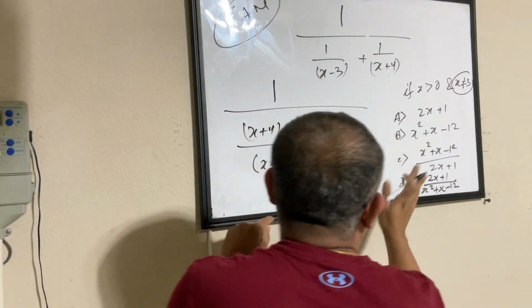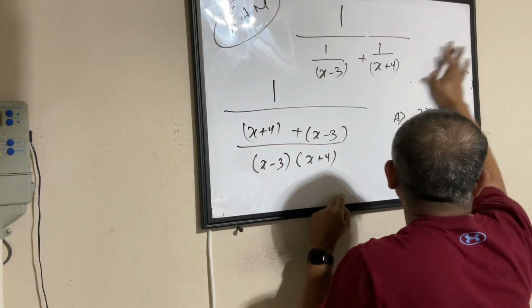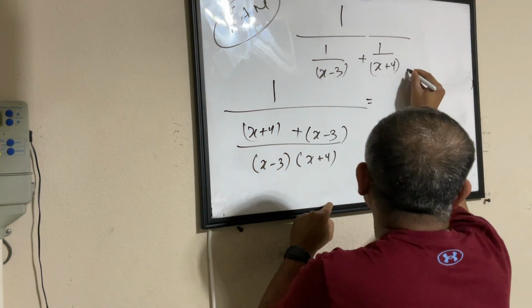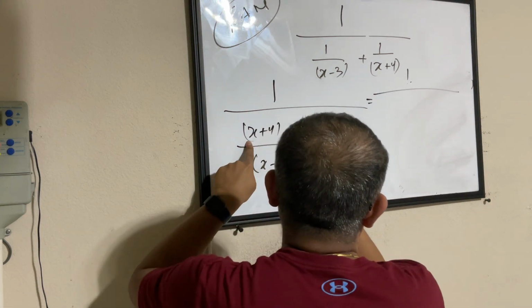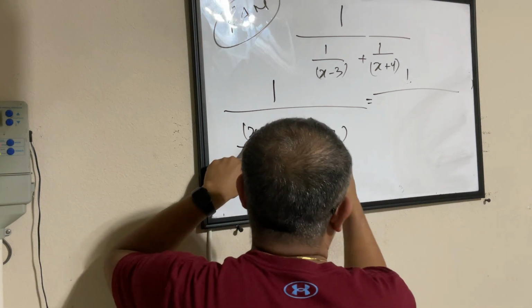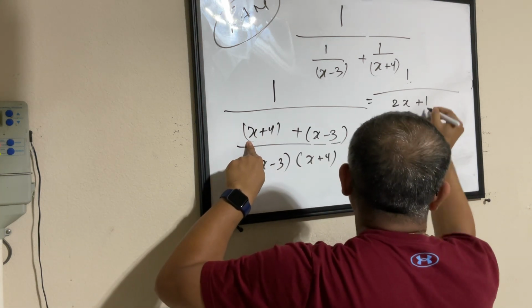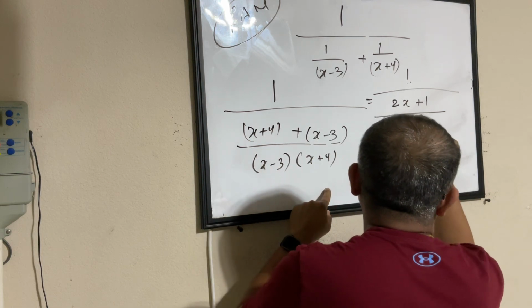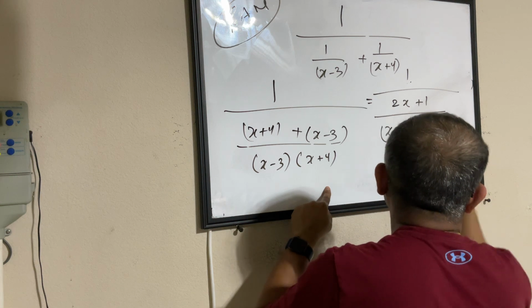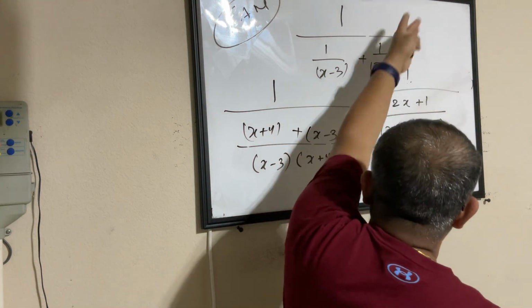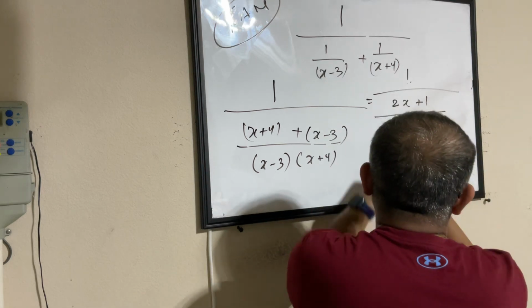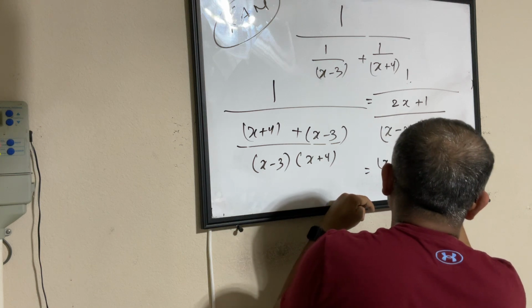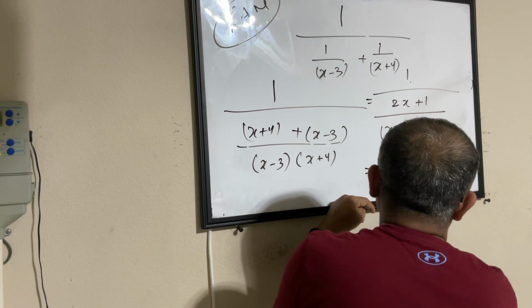Let's remove this for now, so that we have some real estate here. So this becomes 1 by (x plus 4 plus x minus 3) over (x minus 3)(x plus 4). So this becomes 2x plus 1 divided by (x minus 3) into (x plus 4). If I flip it, since it is 1 by something, the denominator goes to the top: (x minus 3)(x plus 4) divided by 2x plus 1.